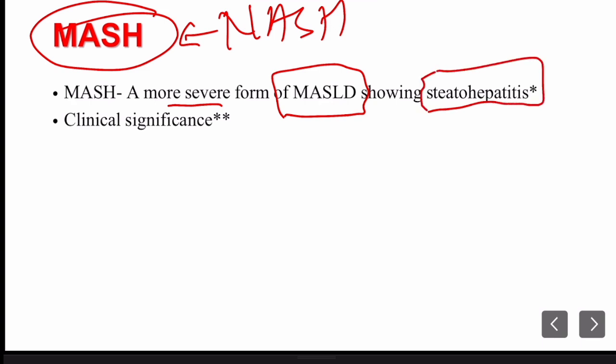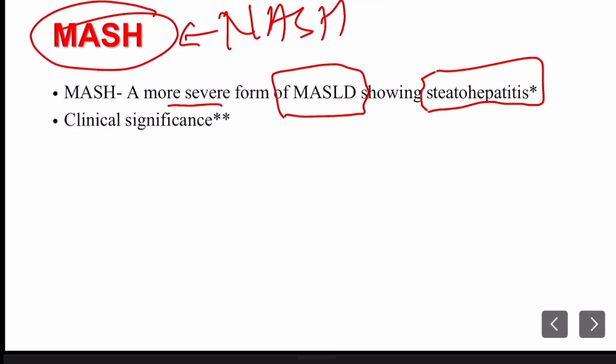So there is steatosis and there is lobular inflammation of the liver, and then there is risk of progression to fibrosis and subsequent cirrhosis. Ultimately, the problem is the risk of cirrhosis and hepatocellular carcinoma if MASH is present.